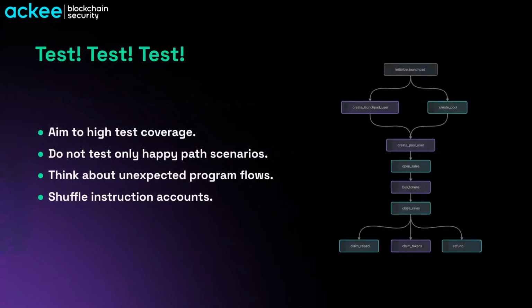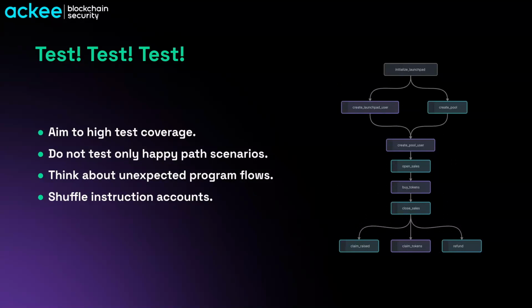And then I cannot emphasize it more, but you should also test your programs. You should aim for high test coverage. Often the projects that we audit have either very low test coverage or in some cases no tests at all. In most cases, the projects test so-called happy path scenarios.